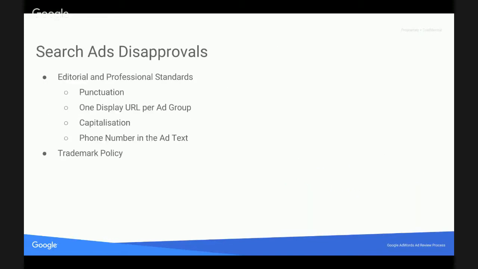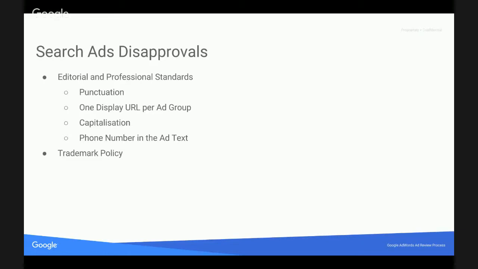Search ad disapprovals. One of the most common things that's coming up is editorial and professional standards. What does that even mean? Quite often we see ads with wrong punctuation. This could be 2 exclamation marks in the headline, or over-punctuation and using symbols that they shouldn't be using.